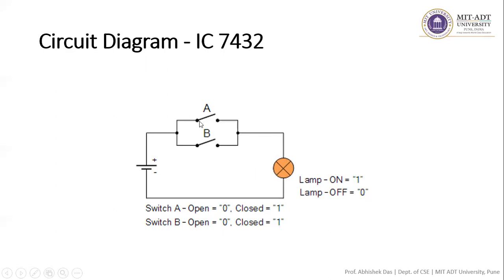If A is 0 and B is on, that is B is 1, then the current will flow, right? If A is on and B is off, then also the current will flow from this side. And if both the connections are on, then also the current will flow and the lamp will glow. But only in one case will the lamp not glow, that is if both the switches are off. Only then will the lamp be turned off.